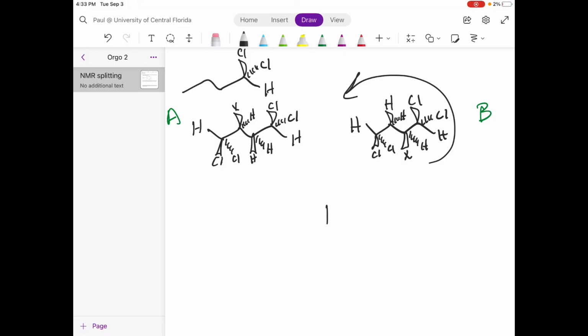And now when I rotate it like that 180 degrees, like that.